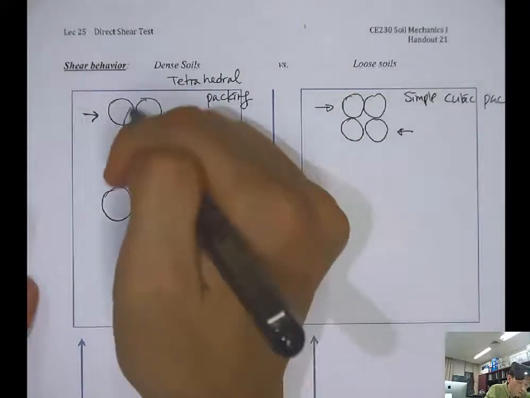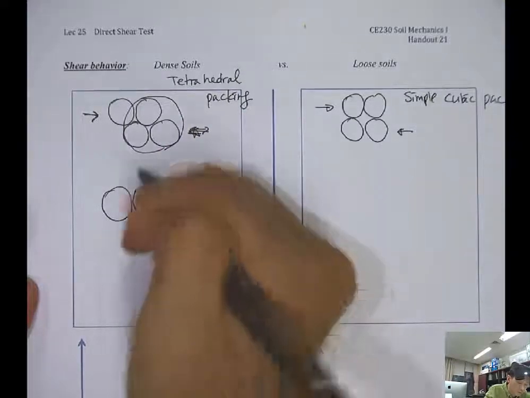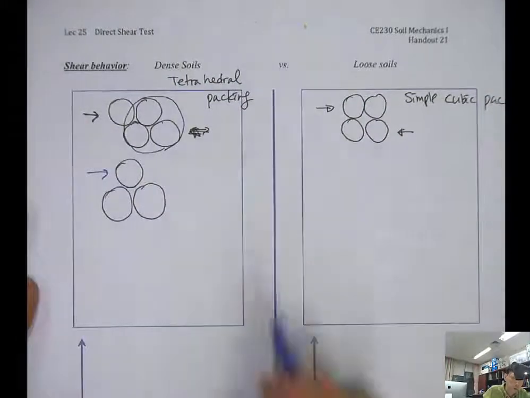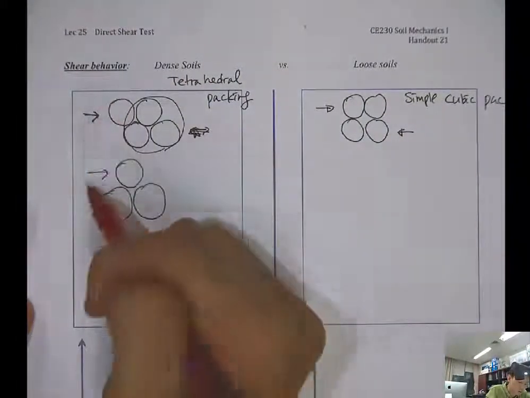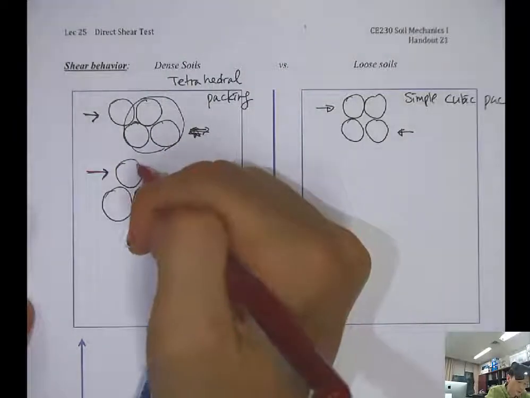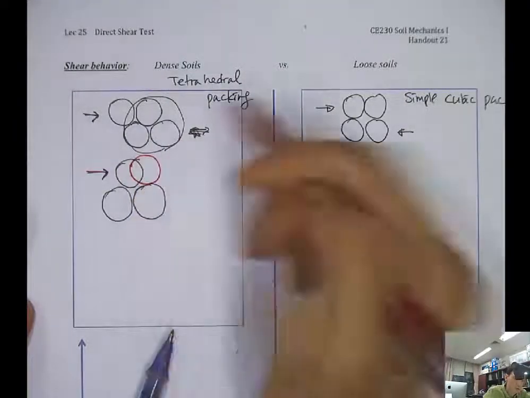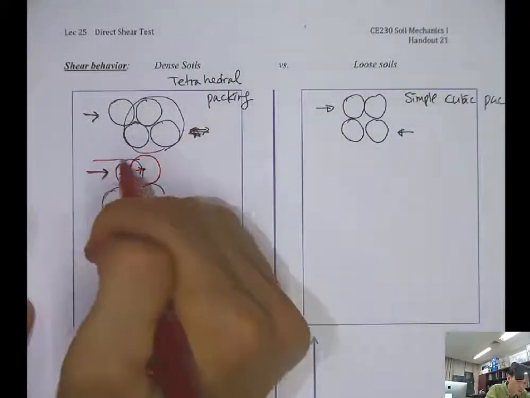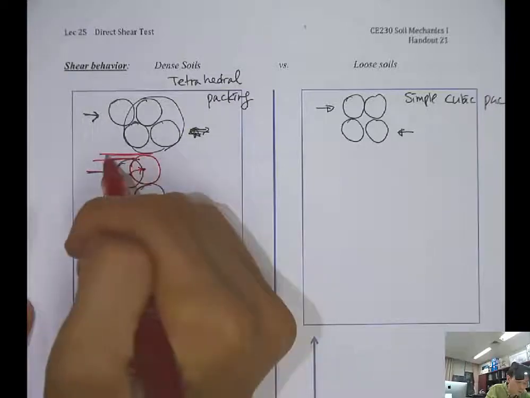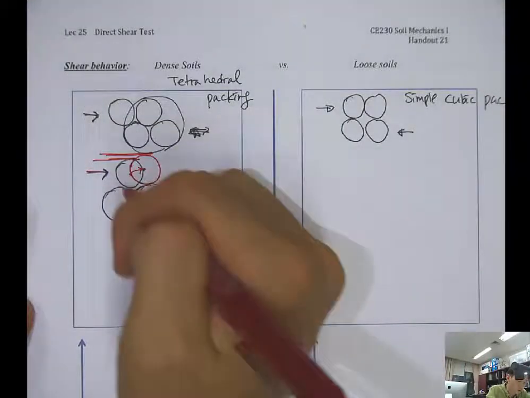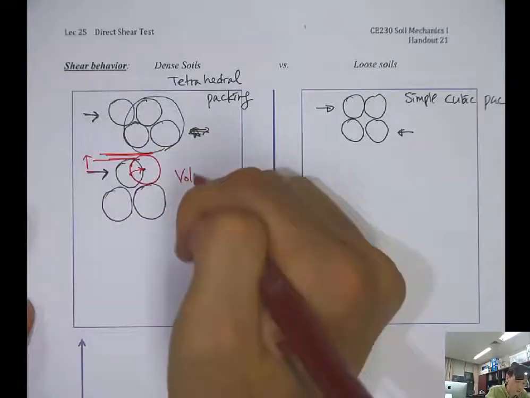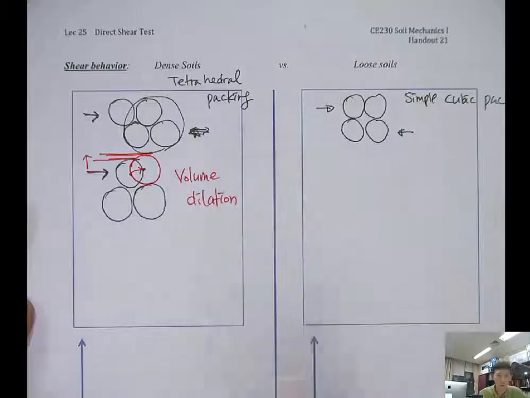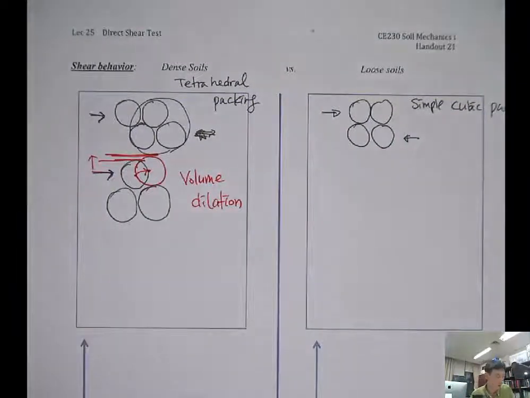If we take this one only, when we apply the force, this particle will climb up the next particle, right? So how about the volume change? The volume will increase, so we can call it dilation, or volume expansion, right?